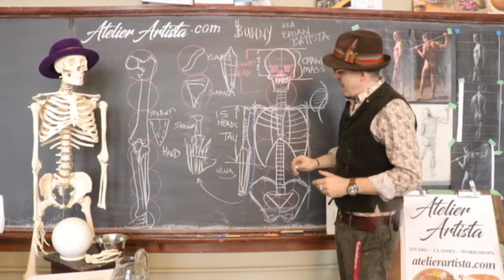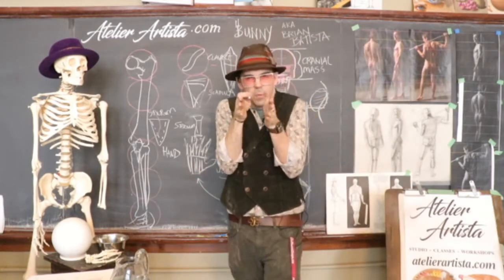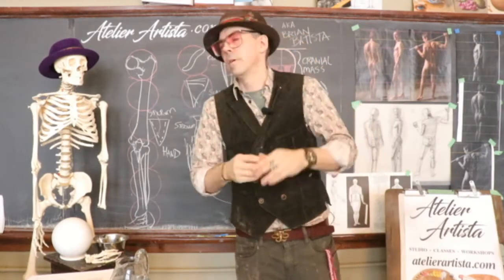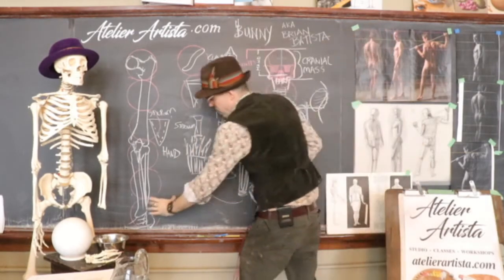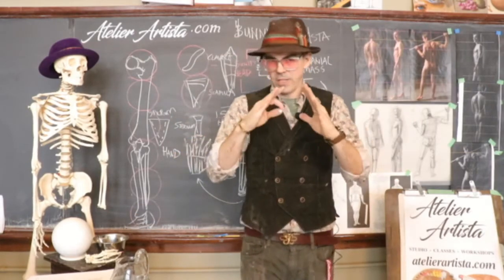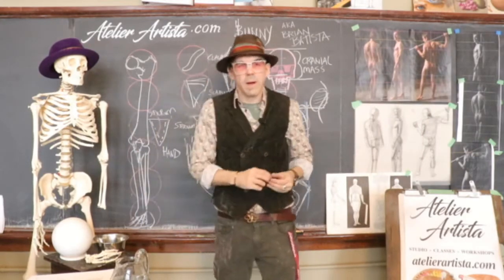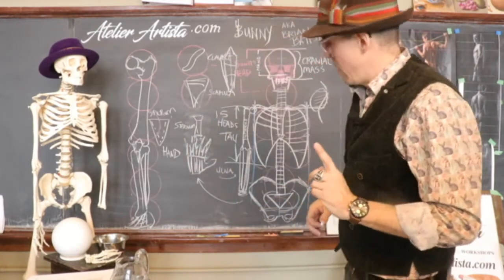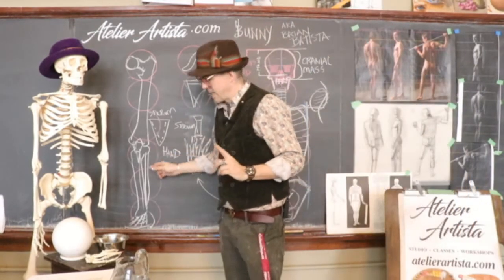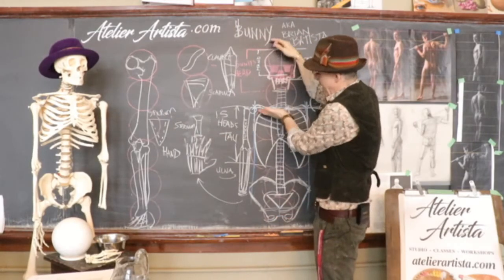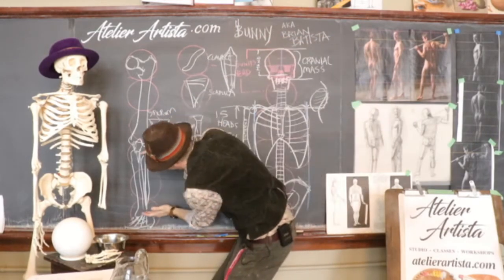And here we're seeing it from the front, so we're only seeing that small third width of a head length. So you can just truncate it and draw it like a wedge, okay? Unless the foot's turned and you can see the bones. It depends what your reference is or what, in our case, our model is doing. So these guys, the tibia and fibula, are about a head length and a half in total.